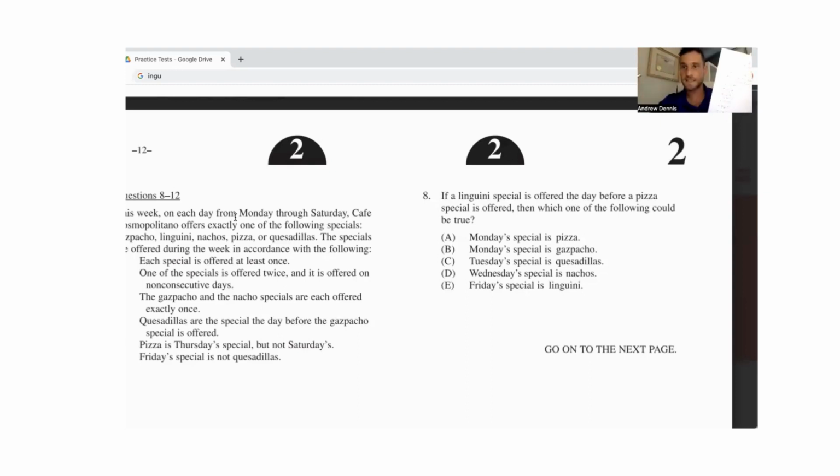So I want everyone to take a second and make sure that they have exactly what I have on their paper. The variables G, L, N, P, and Q. The map written out with a permanent P. And then we know that Q does not equal Friday and P does not equal Saturday. And then all the rules. Each variable goes at least once. One variable goes twice, non-consecutive.